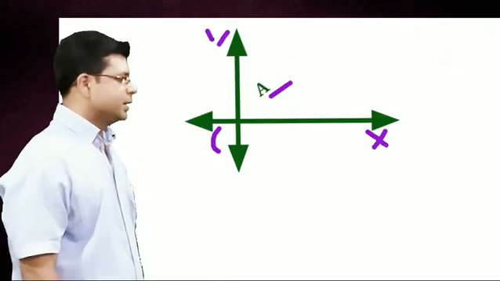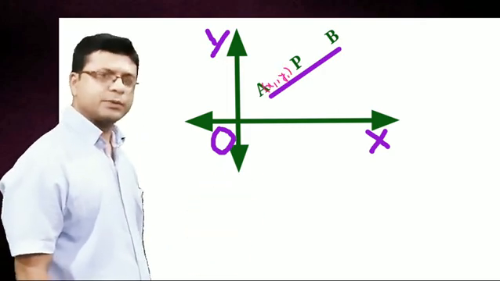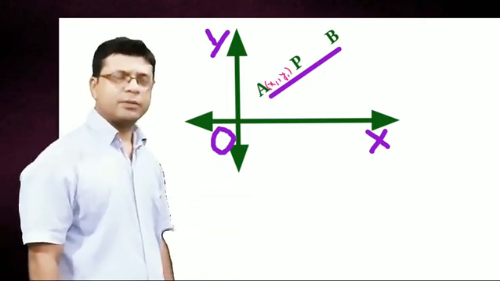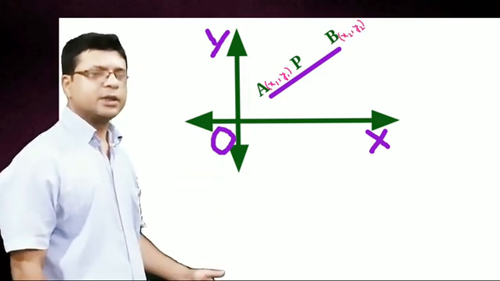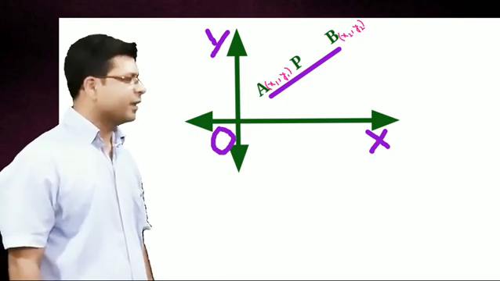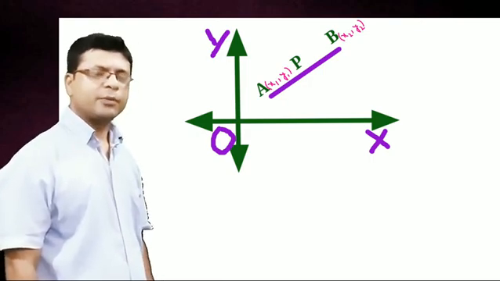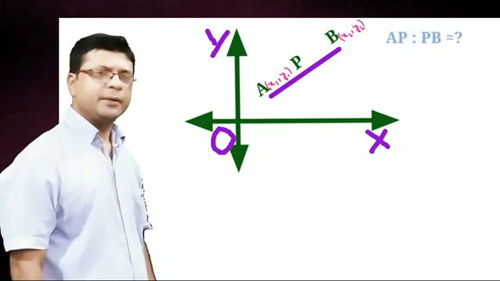Alright. For this, let us consider the coordinates of point A be x1, y1 and the coordinates of point B be x2, y2, which is shown in the diagram. And the coordinates of the origin, as you know, is 0, 0. Now students, we can find the coordinates of point P if we know the ratio of AP and BP.